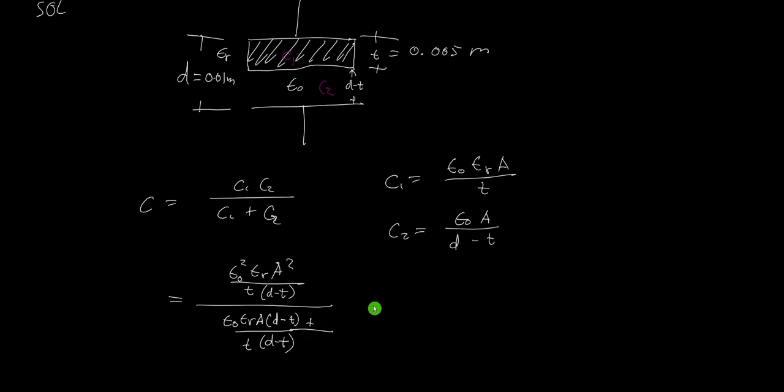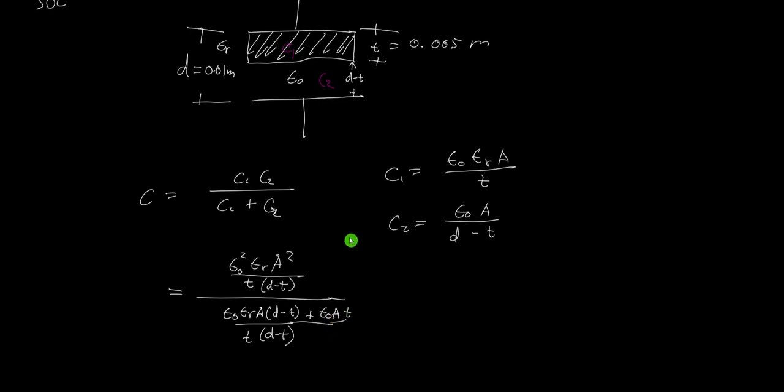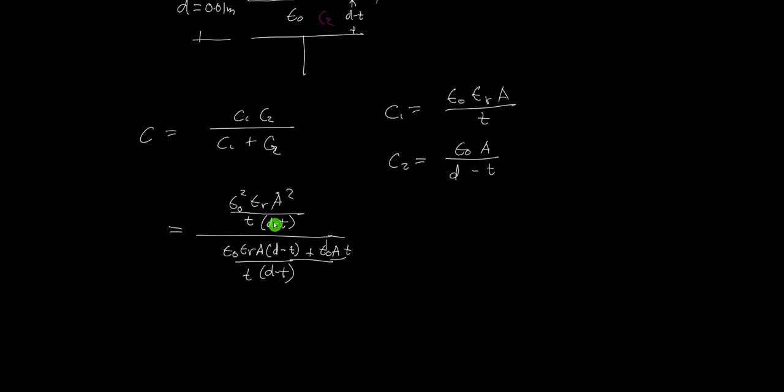Then plus this one, T times epsilon naught A times T. Then we continue. We can cancel out this, and you can cancel out 1 epsilon naught here, and cancel out 1 area also.